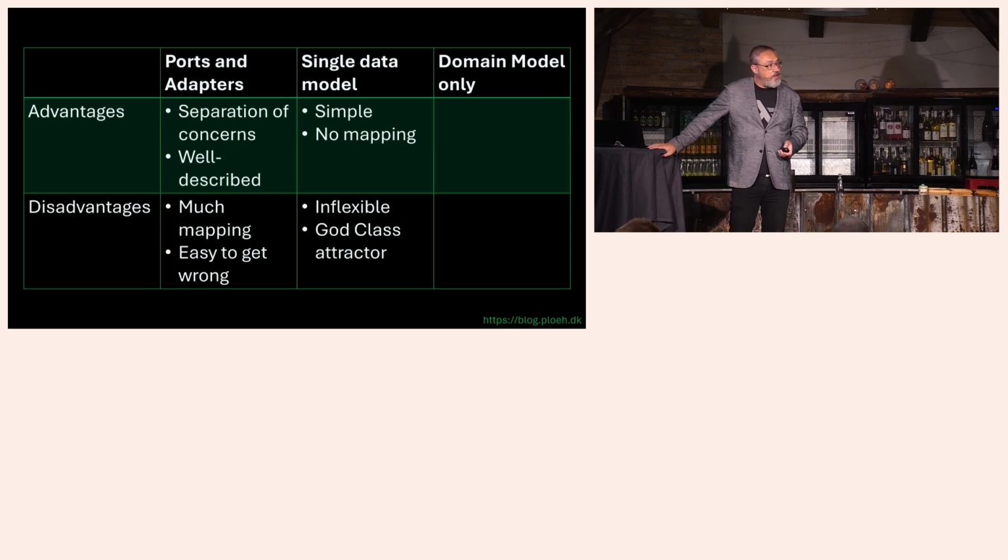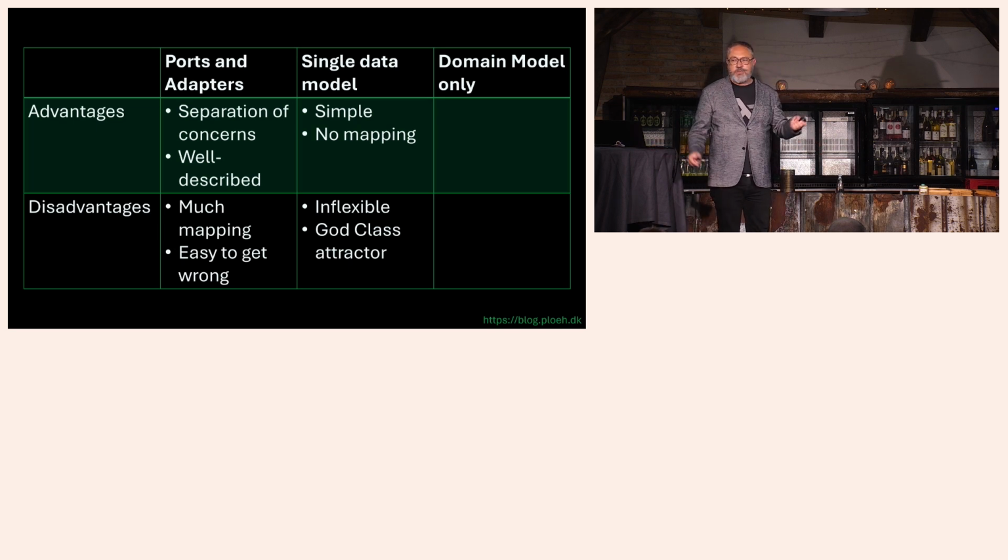Again, you need to have quite a bit of discipline in order to prevent that from happening. So if you decide to go with that particular kind of design, you really need to be able to say, let's keep it small, and if it starts to grow bigger, at that point we should probably refactor this to one of the other designs instead, before it grows out of our hands.